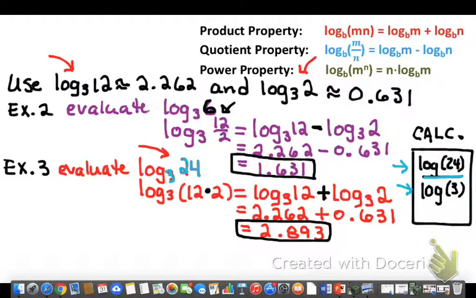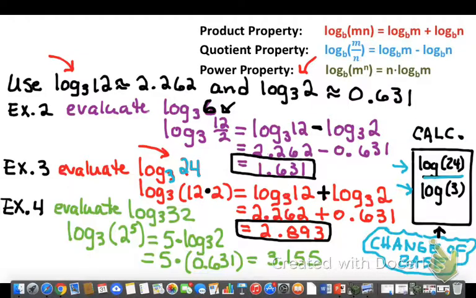One final example here. When looking at example 4, we have to figure out how to manipulate this 32, and remember we're using the 12 and or maybe the 2. So hopefully you know that 2 raised to the power of 5 would be 32.